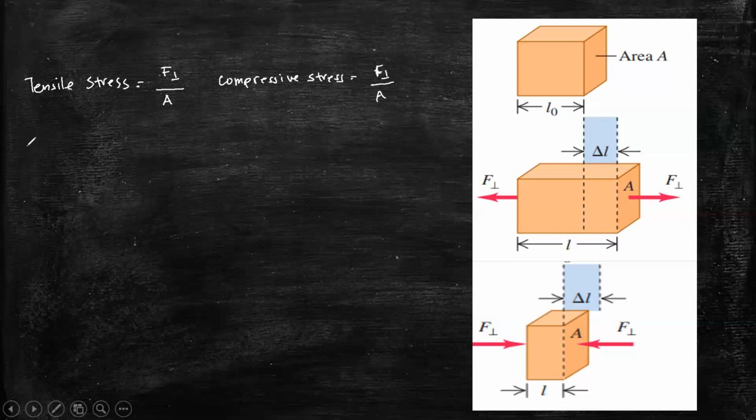For our strain, we call it tensile strain or compressive strain. And we know that strain is the ratio of change in length divided by length.